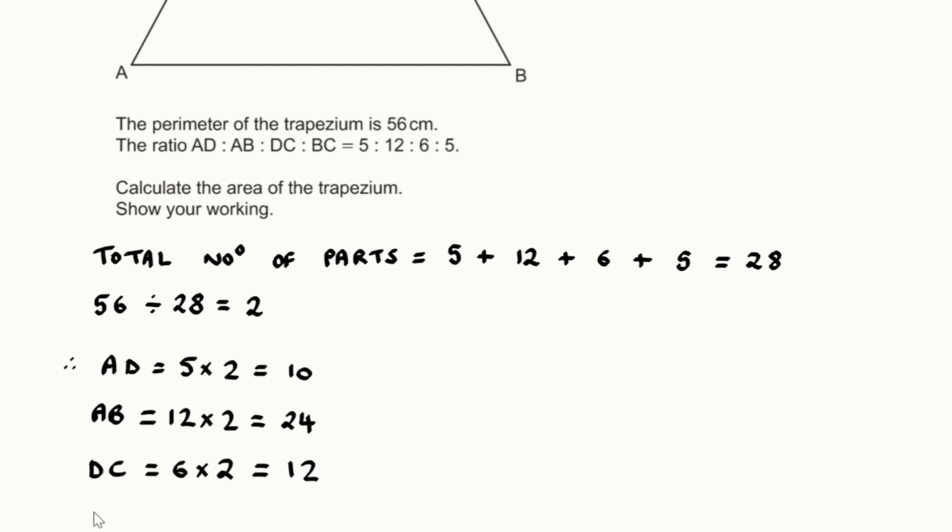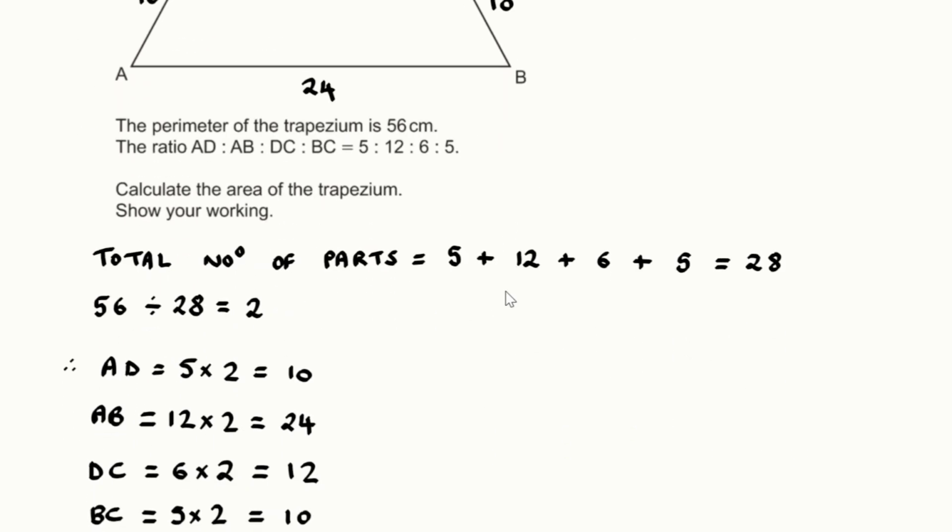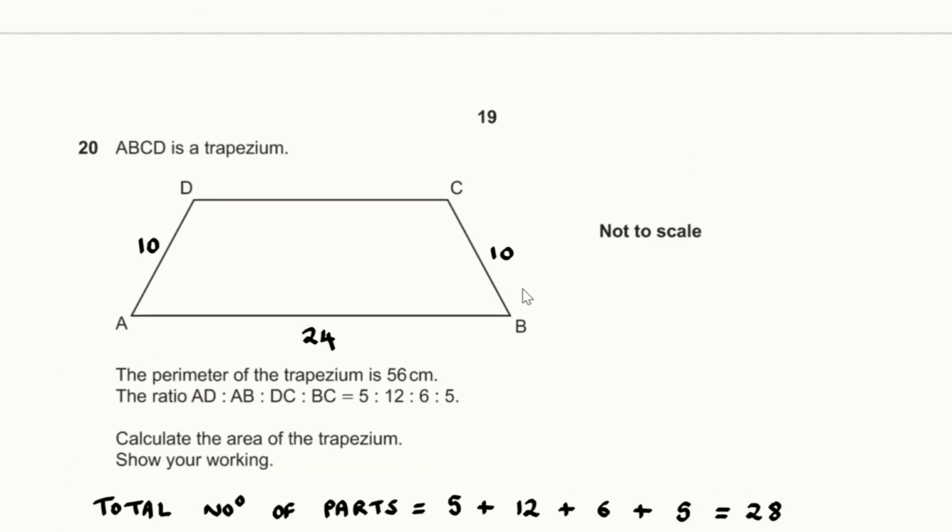And BC is 5 times 2, which is 10. So we've got 10 here, 10 here, 24 here, and 12 over here.